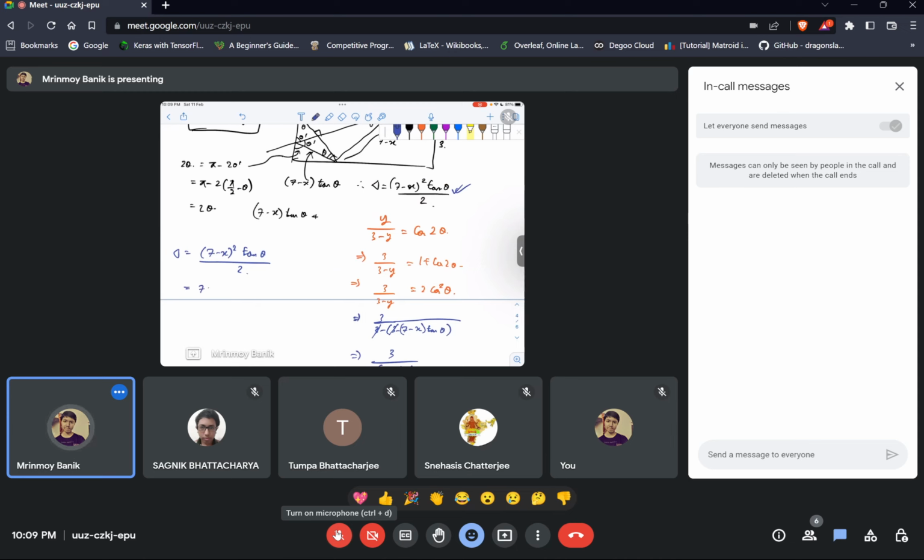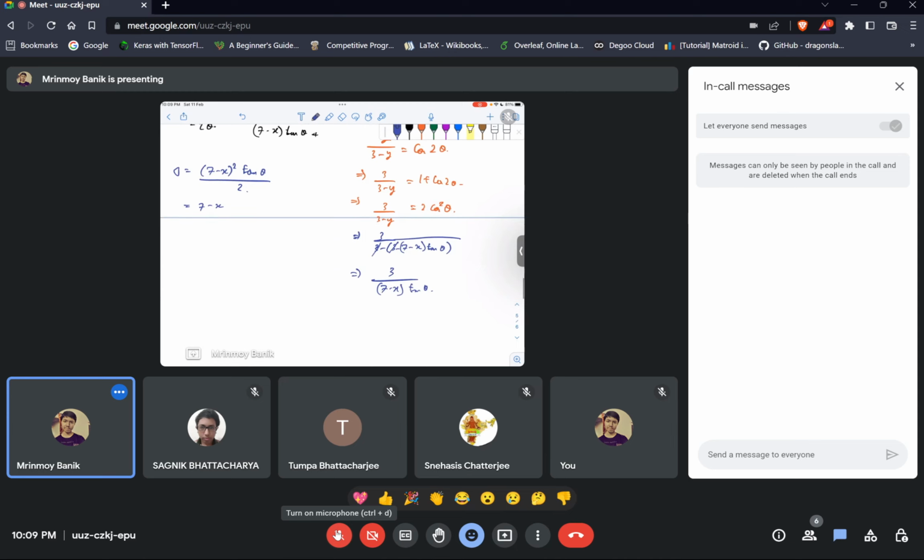Putting it here, this is cos squared theta. So finally, we get an equation with theta and x, so we can eliminate one of them.